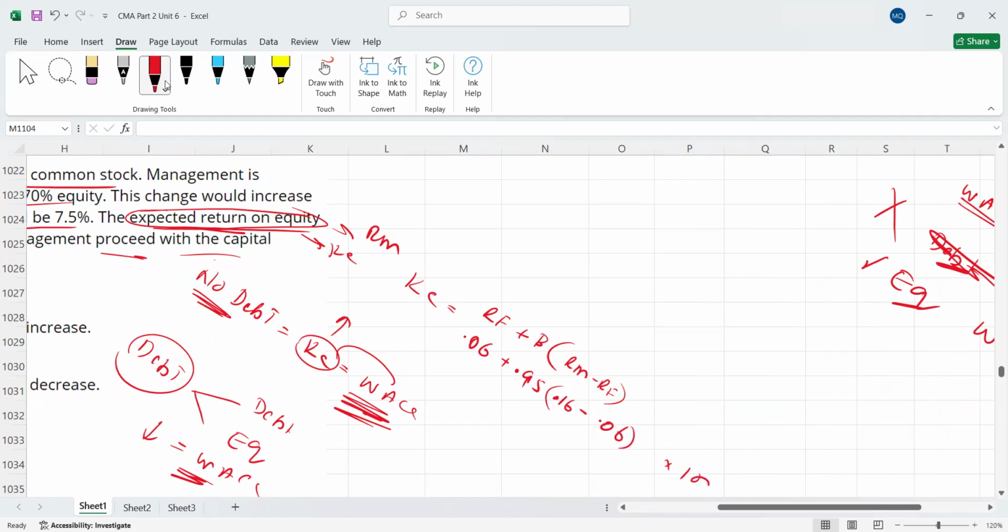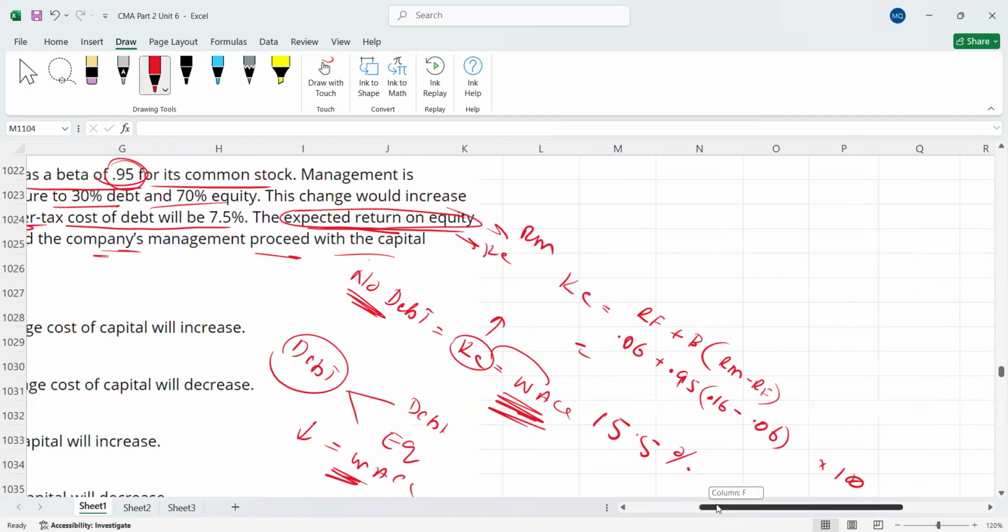At the end you can multiply by 100. This gives you the cost of equity, and if you calculate it, it gives you 15.5%. You can recheck on your calculator.